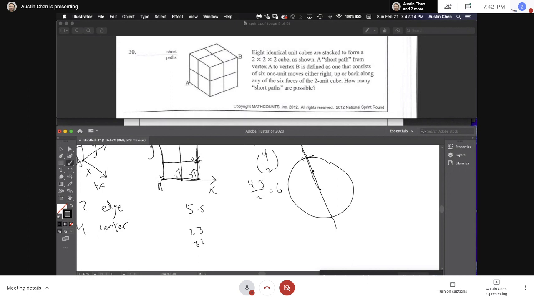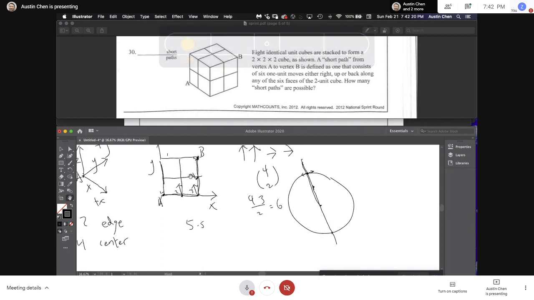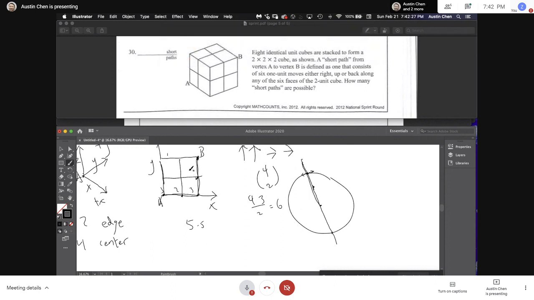But if we have two on the same vertex, okay, I guess I'll erase. Okay, 1, 2, 3, 4, 5. But if we have two on the same vertex, like this, then we're not overcounting it, right?